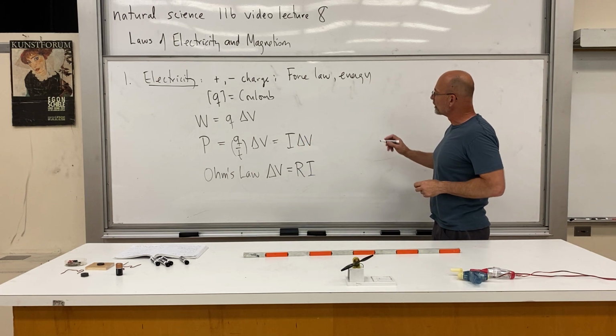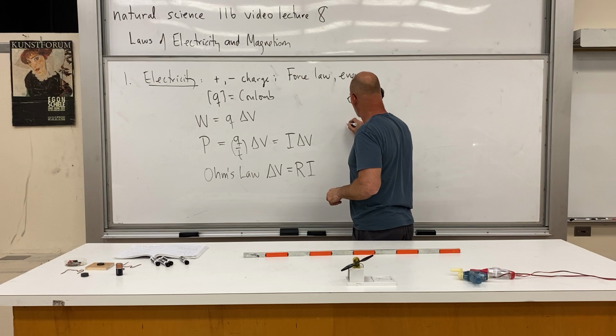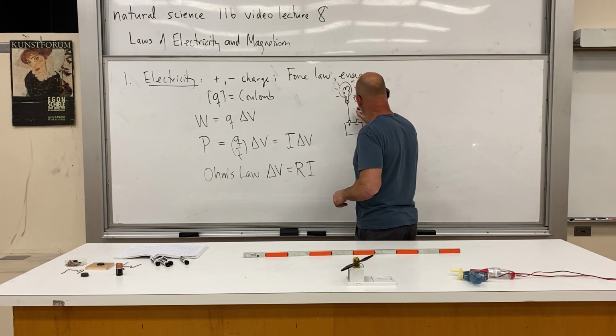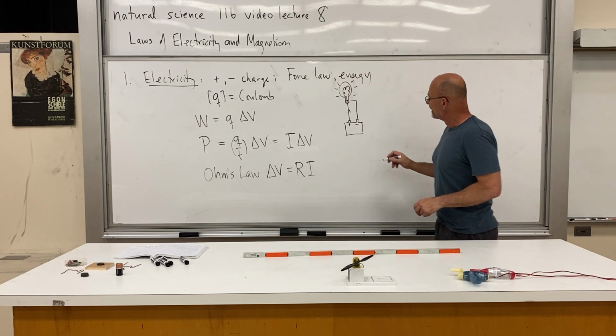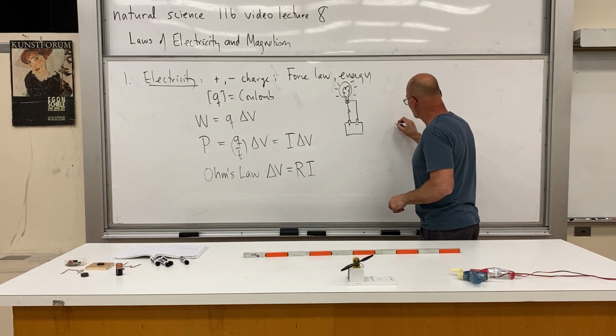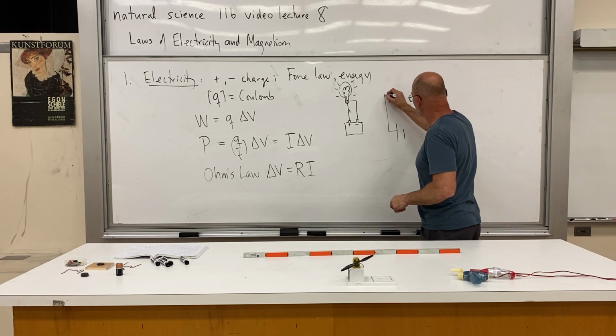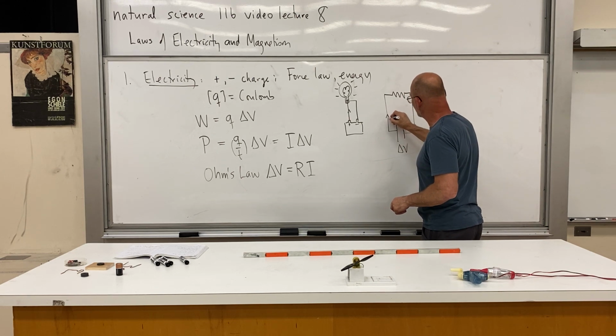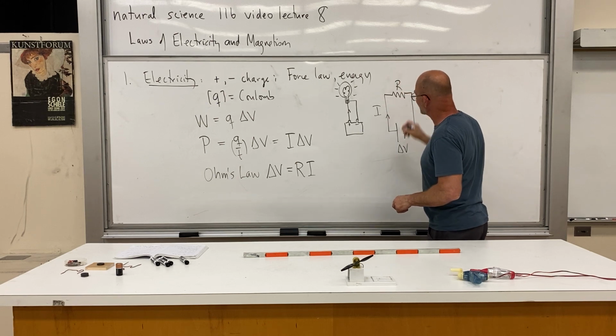And the picture that went with this was we could have a battery here, plus and minus terminals, a light bulb giving off light, and we could hook it up like that. And the schematic for this was our battery, our resistance. So there's our delta V, current, resistance.